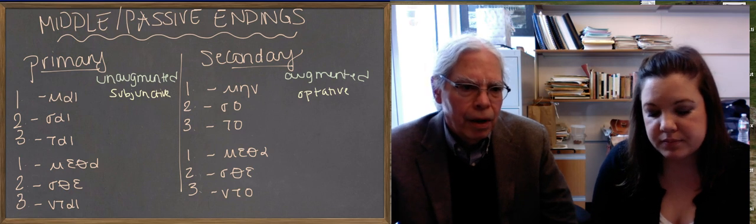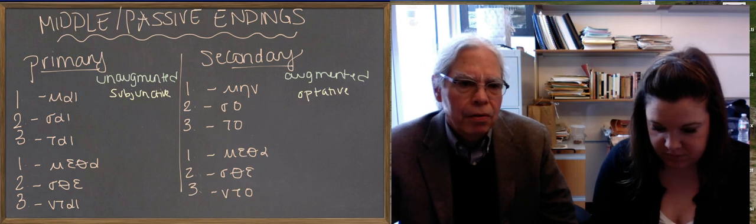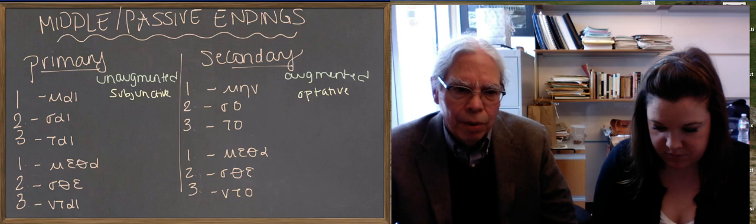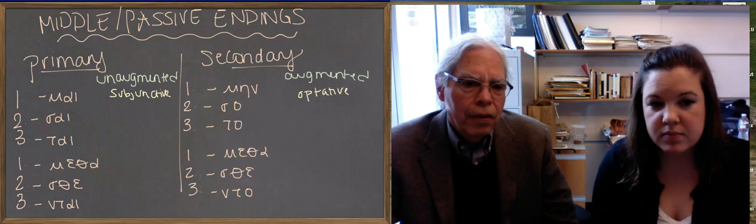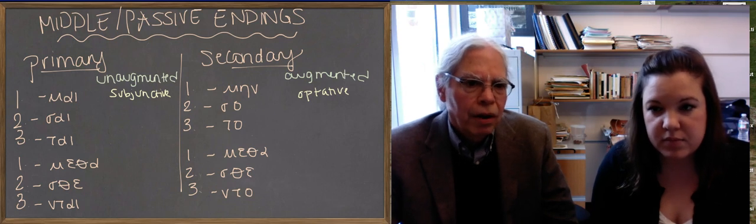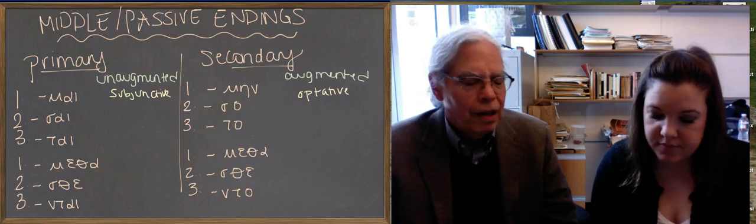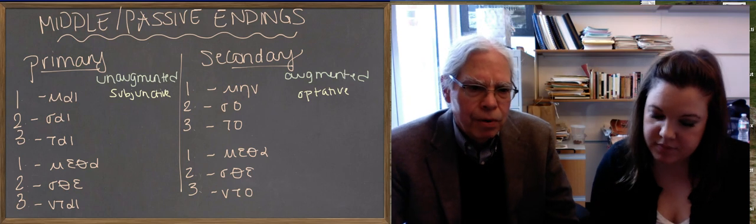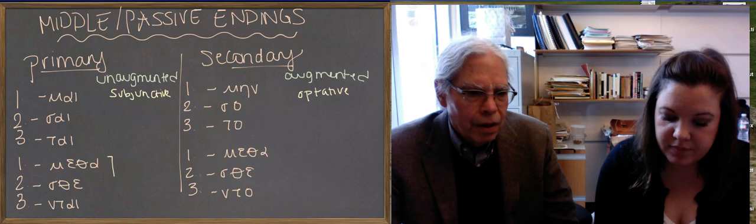Mai, sai, tai for the singular, metha, sthe, ntai for the plural in the primary endings, and then similar but slightly different, in some cases identical, men, so, to for the singular, and metha, sthe, nto. You can see you've got I's, AI's in the primary forms, and O's in the secondary ones, right? The forms that are identical are the first and second person plurals, the others are all different.